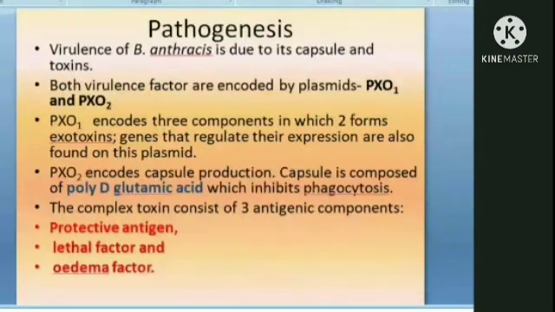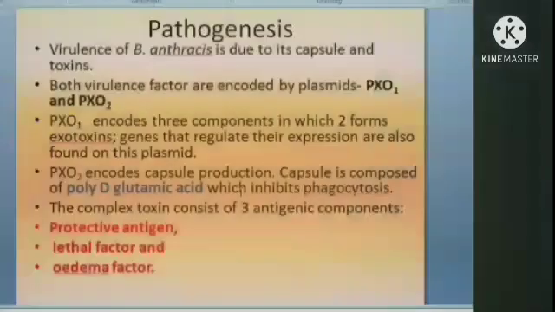Coming to the pathogenesis. Pathogenesis is the most interesting part of Bacillus anthracis. We said that Bacillus anthracis pathogenesis is mainly related to the plasmids it is harboring. Plasmids are extrachromosomal DNA material.